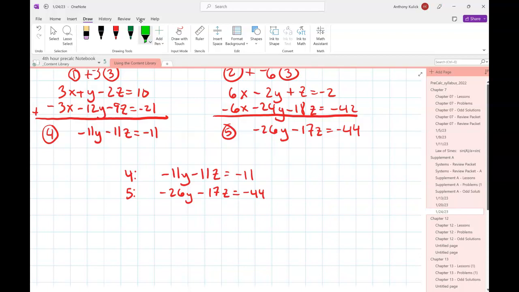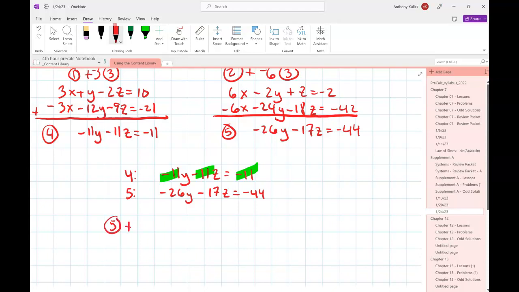At first glance. But what do you notice about equation 4? All the coefficients are the same. That's a lucky break. So I'm going to use equation 4 to eliminate the y's from equation 5.